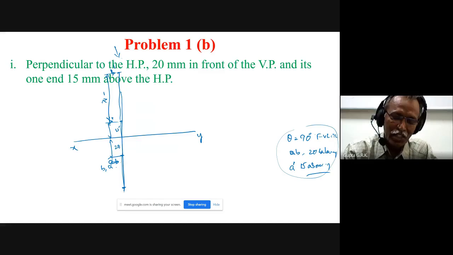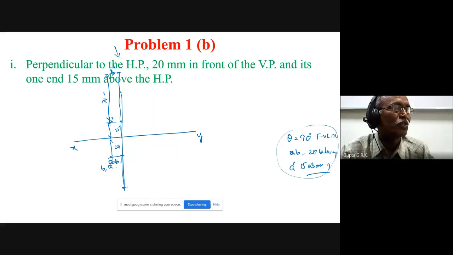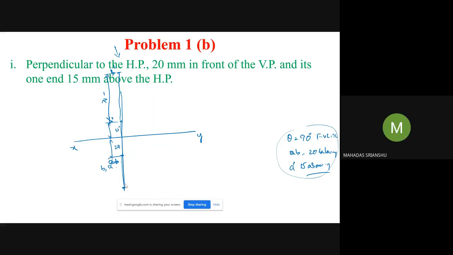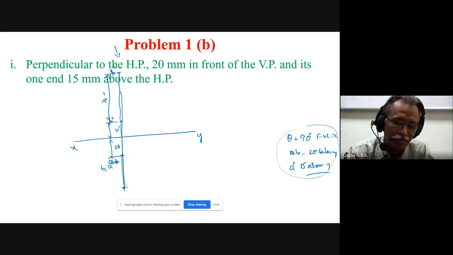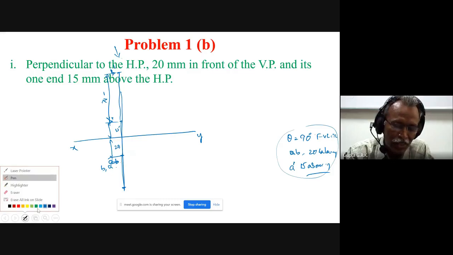If I take B dash down like this, B and B dash will be below XY, in the fourth quadrant. Unless mentioned otherwise, you have to assume that it is in the first quadrant. So first quadrant means B dash should come above XY. Good question actually. Otherwise both of them are right.